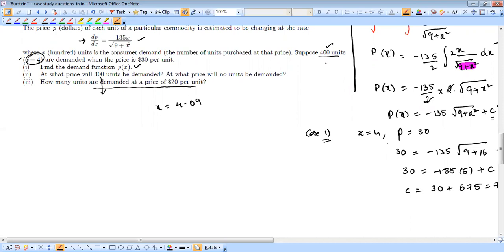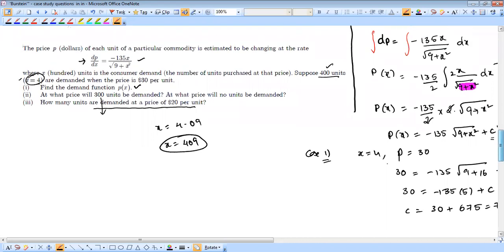You have to convert into hundreds of units, so x value will be 409 units, a rough figure. We got 409 units at a price of $20 per unit.